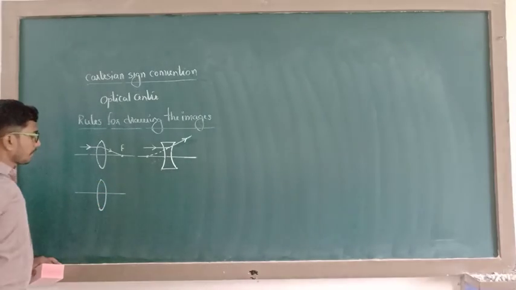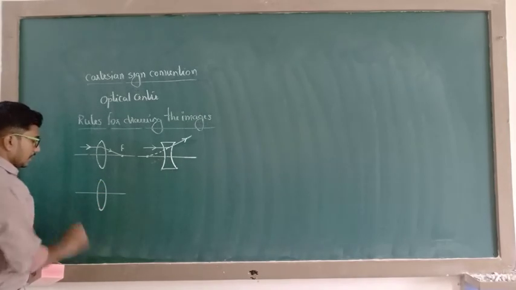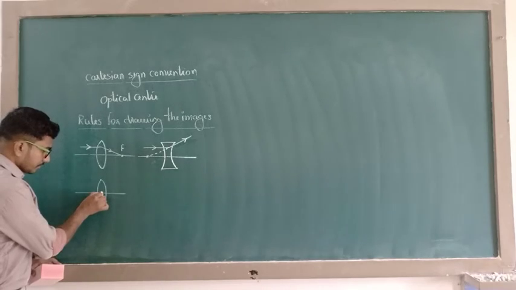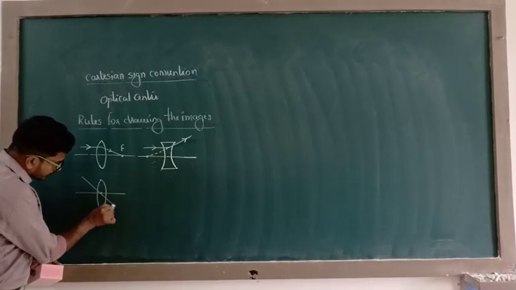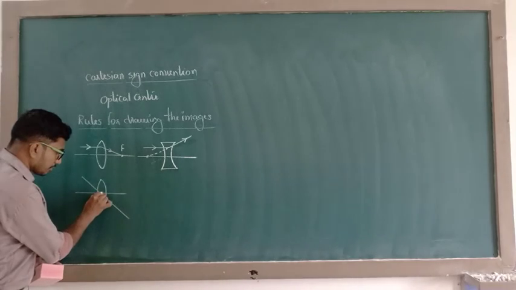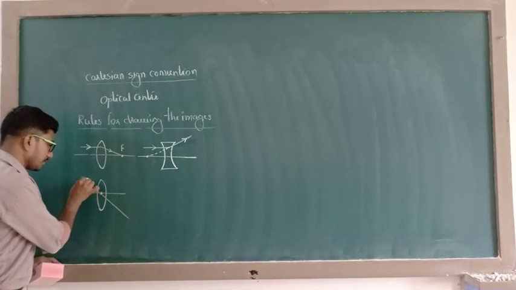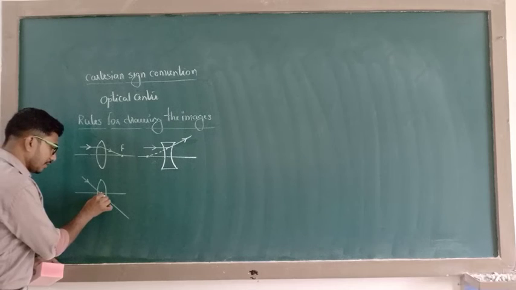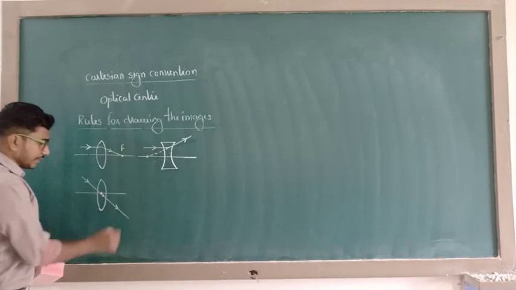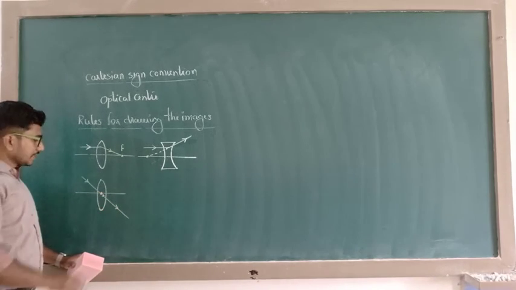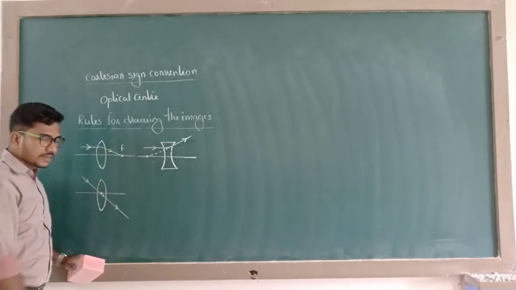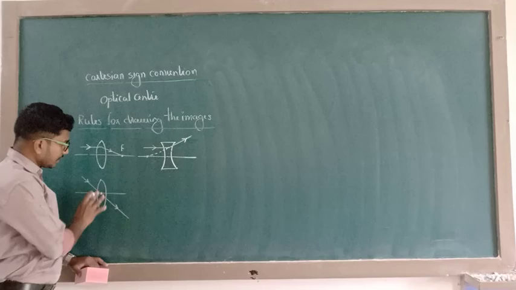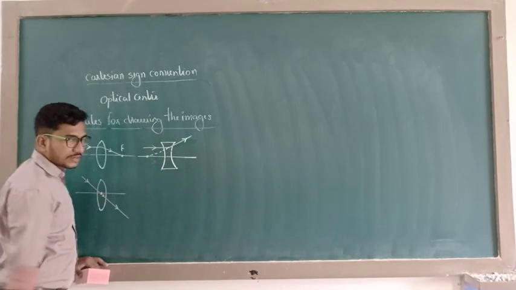Convex lens: if a light ray is made to pass through the optical center, then that light ray proceeds without any deviation. Because already I told you that here we are going to consider thin lenses. So here thin convex lens, thin concave lens.